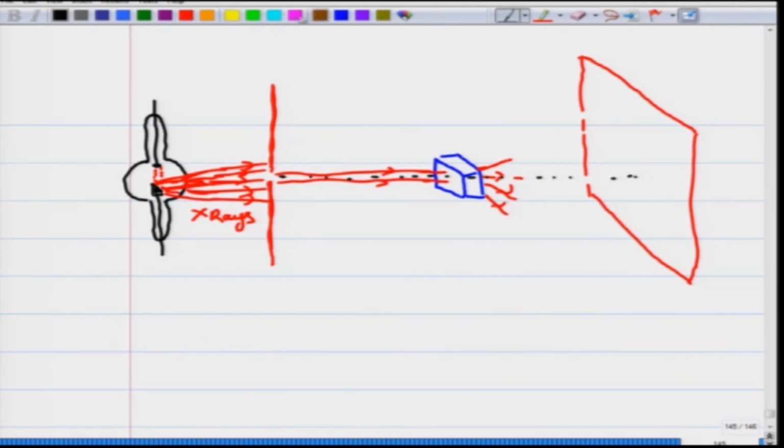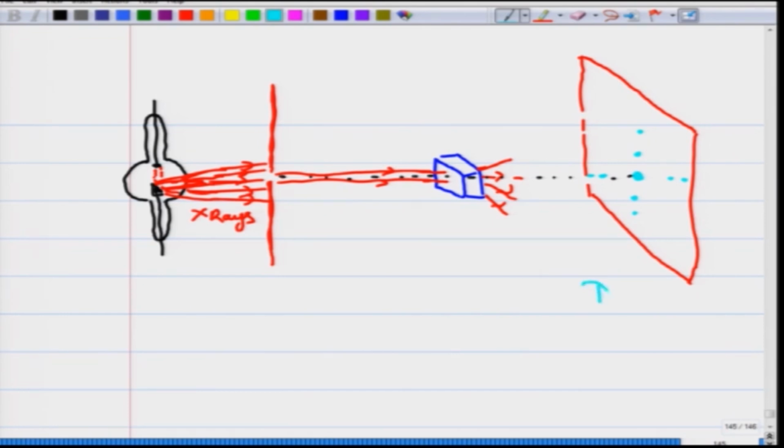On the screen you will observe a distribution of diffraction spots distributed in a particular way around the central maxima. There is a central maxima which is along the direction of the incoming X-rays, and there are first order maxima and higher order maxima distributed around the central maxima.